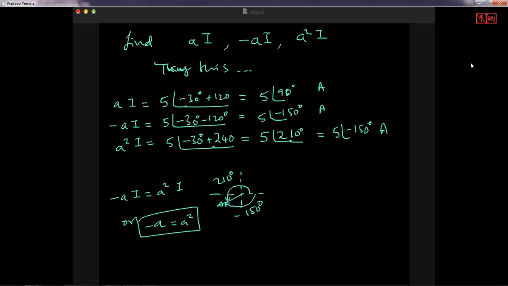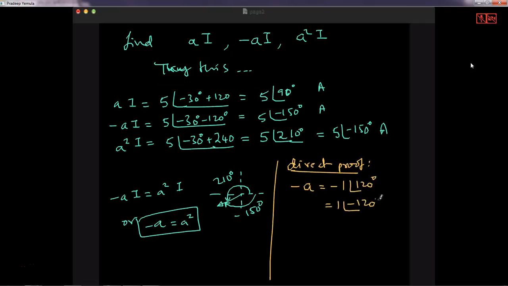In fact, I can directly prove also. Direct proof. So minus A equal to minus 1 angle 120 degrees. That is 1 angle minus 120 degrees, and that is angle 240 degrees.